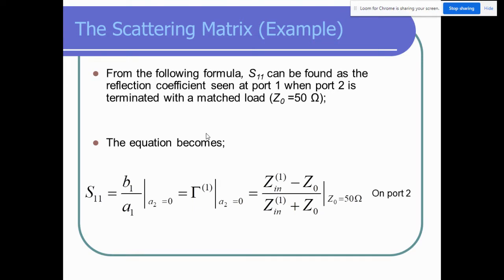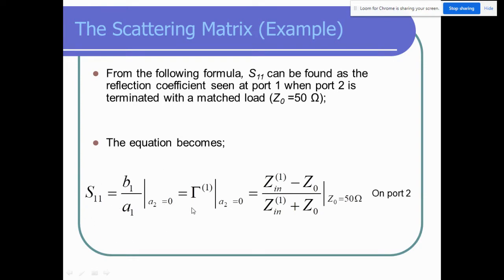Now by considering that this is 50 ohm, we will consider that port 2 is matched. Because of that, as I have shown you already in the previous video, S11 is the ratio between the reflected voltage in port 1 and the applied or incident voltage in port 1, where A2 is 0 at port 2.